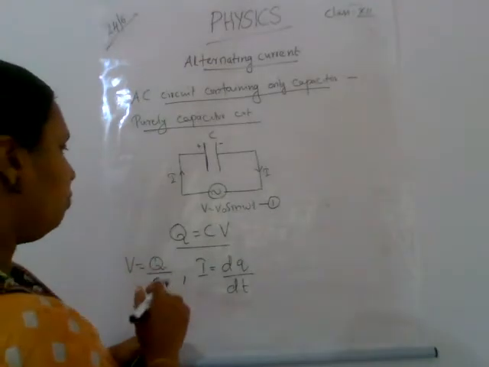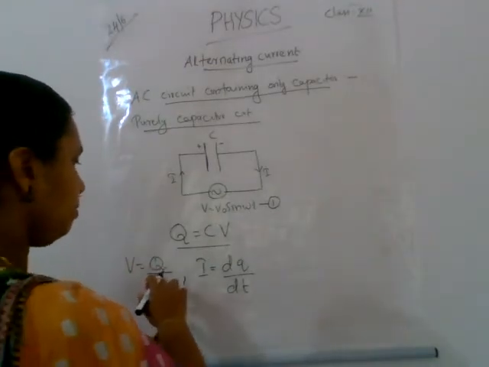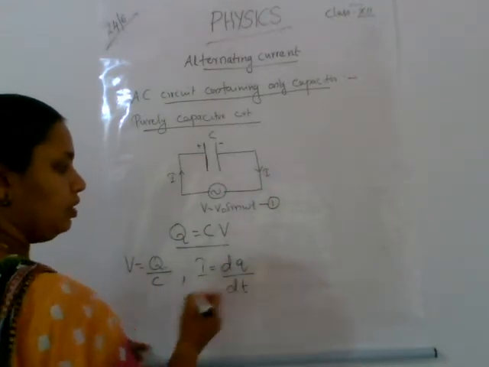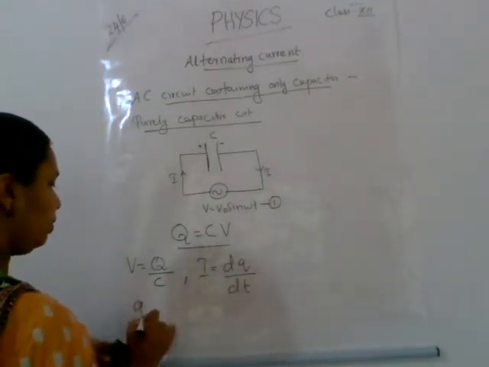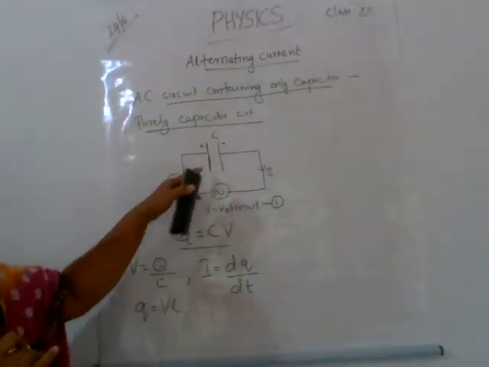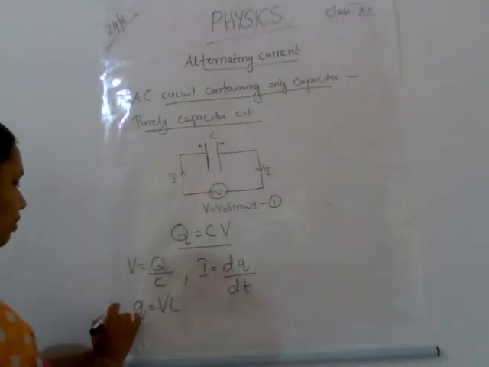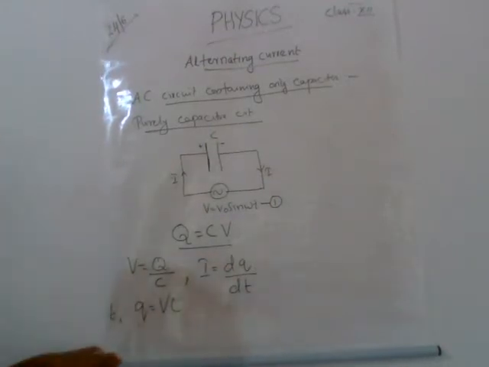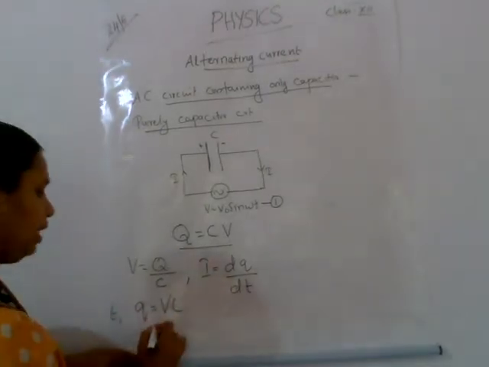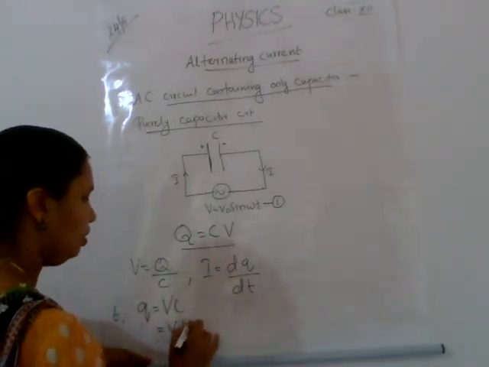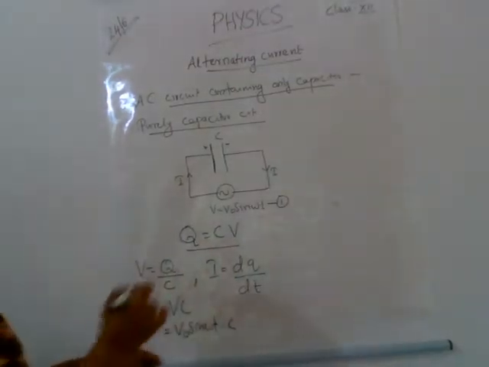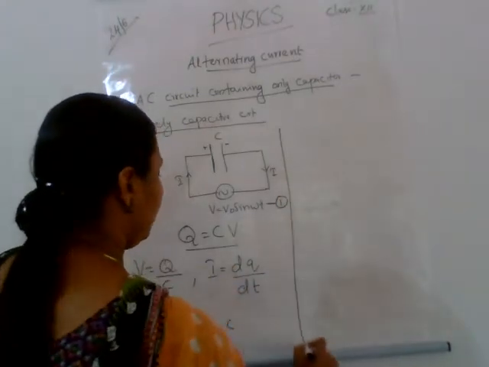Okay, so what can we write here? Initially we are considering only a small charge q, so I am writing q is equal to VC. For a small interval of time t, the amount of charge stored in the capacitor is q equal to VC, or V0 sin omega t into C. So how can we find the current I?